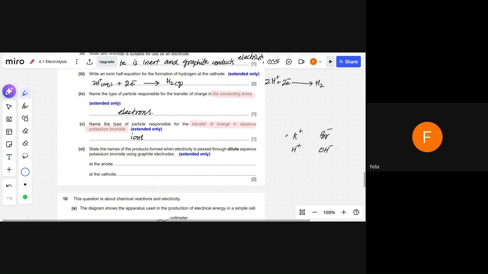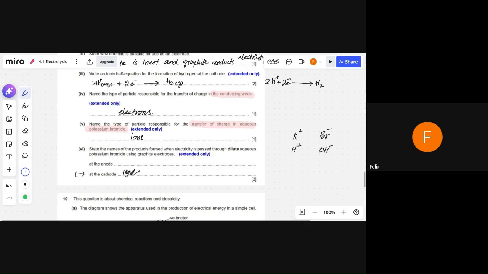So now you can see that hydrogen is less reactive than potassium, right? So at the cathode, it is going to be hydrogen, because the cathode is negatively charged.